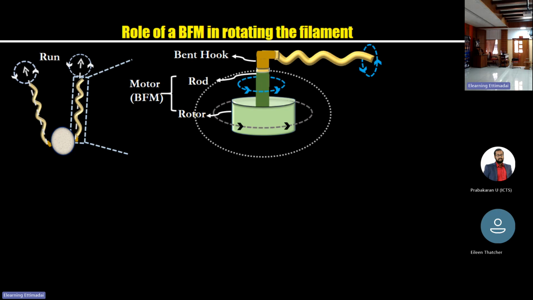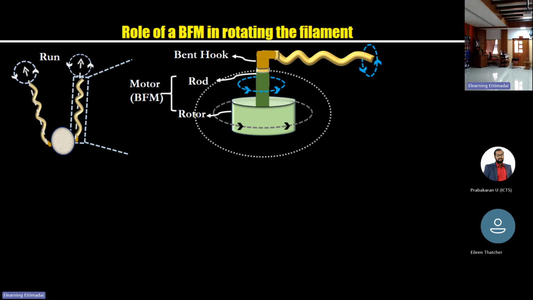If you see the overall flagellum structure, this is the bacteria, and this flagellum is composed of one filament connected with one bacterial flagellar motor. The filament and BFM are connected through the bent hook. It remains bent during CCW rotation, and in CW rotation it becomes straight.